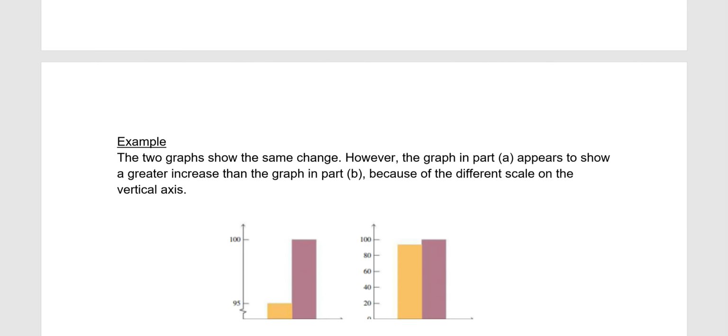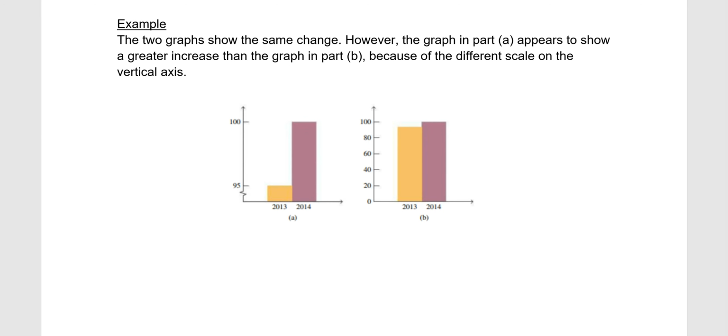Okay, and then the last one here, let's take a look at a graph. Taking a look at this graph, we clearly see on the horizontal axis 2013, 2014 on both of them. The first one looks like there is a very large increase between 2013 and 2014, whereas the one on the right only shows a little increase. But if you actually look at the vertical axes, they're actually the same increase. It goes from 95 to 100, and this one also goes from 95 to 100. So the scaling is different.